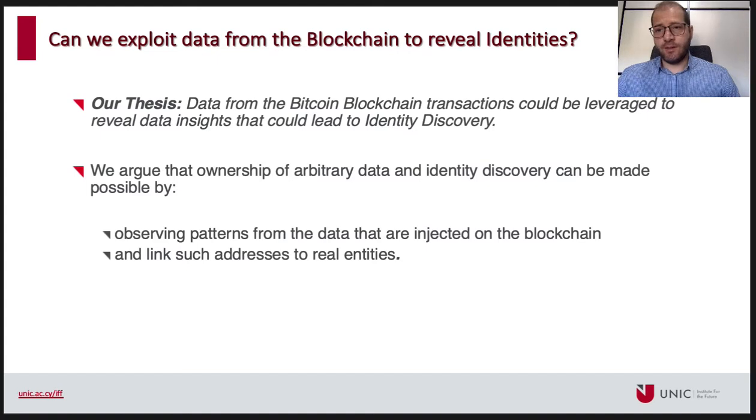We argue that ownership of arbitrary data and identity discovery can be made possible by observing patterns from the data that are already injected on the Bitcoin blockchain. And we can link such addresses to real entities and reveal more information and useful insights about our identities.